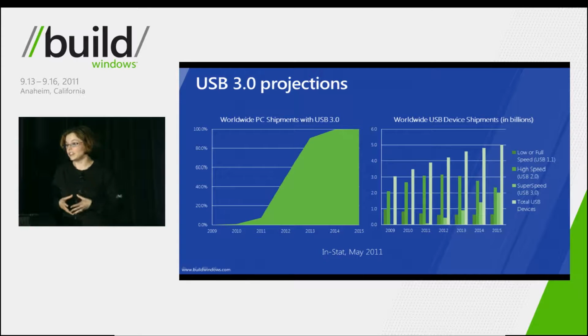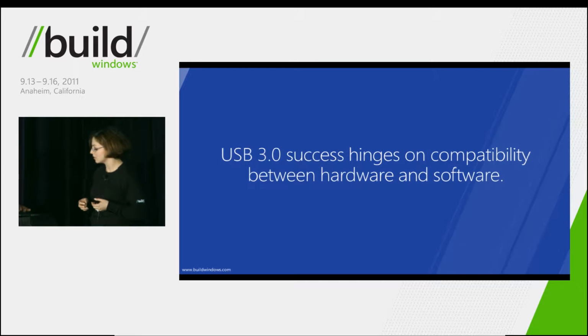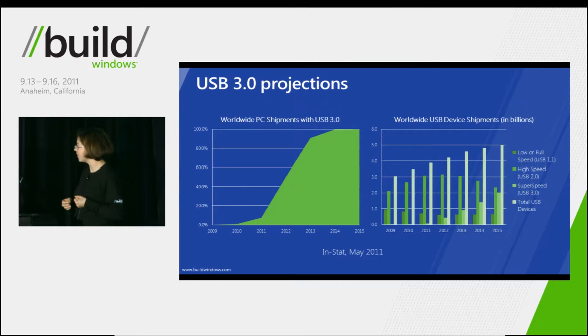So Windows 7 USB 3 enabled PCs are already shipping today. And so looking at the Instat projections, by 2014, every PC that will ship will have USB 3 in it.